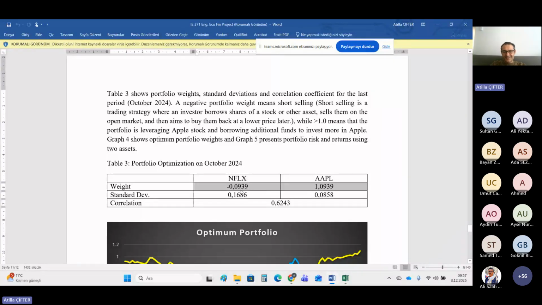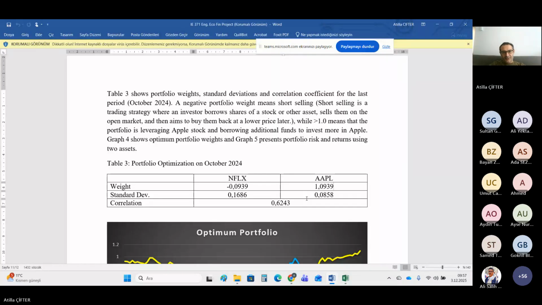It means sell Netflix, although you don't have it, right? Then buy Apple, okay? Sell, buy. So this sum is always 1, but any weight can be negative. Like a short sale, okay? You don't have the stock, but you just give the sell command, and at the end of the day, you close your open position, okay?